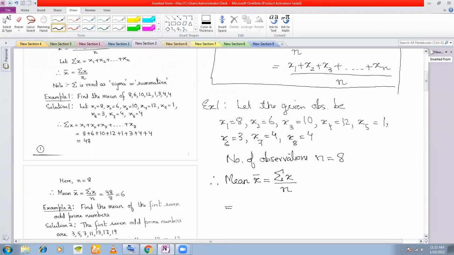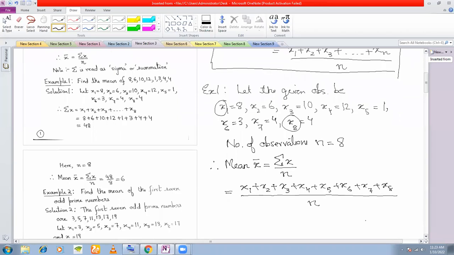As I told you, if i is not given in the summation, you write all the values that are given. So x runs from x1 to x8: x1 plus x2 plus x3, x4, x5, x6, x7, and x8, divided by n.